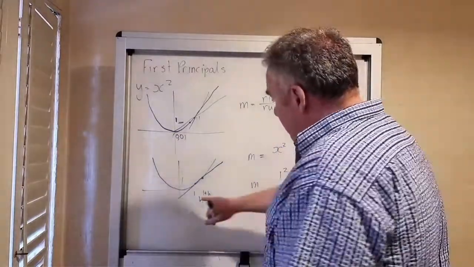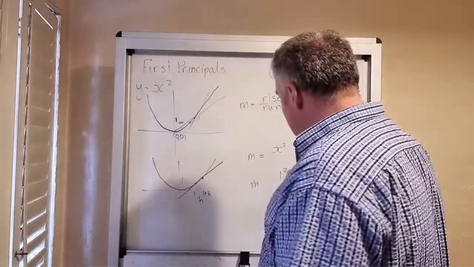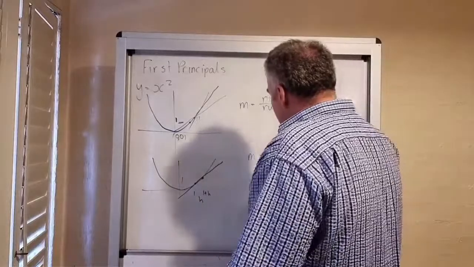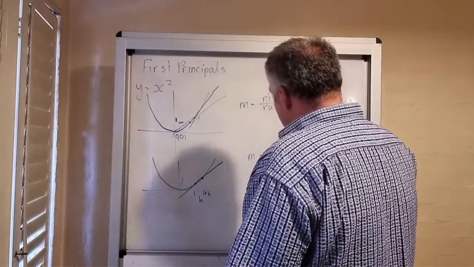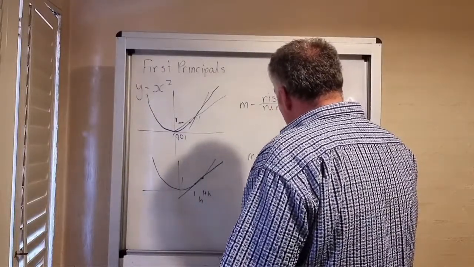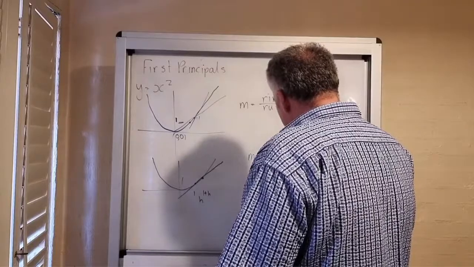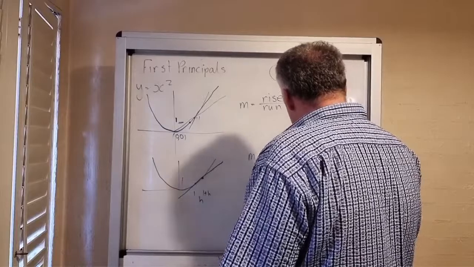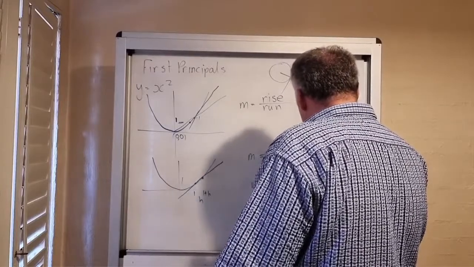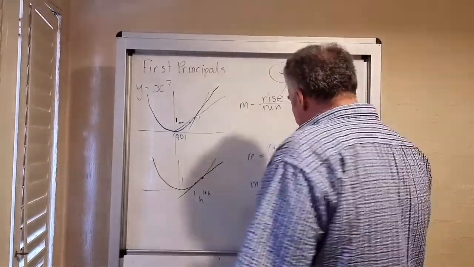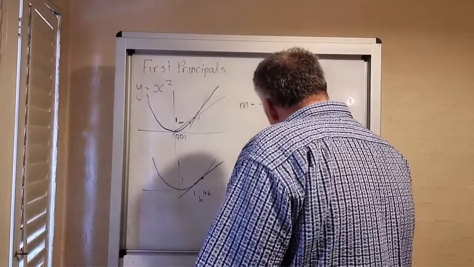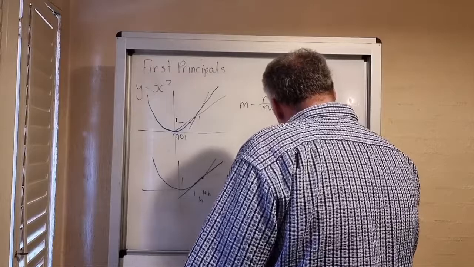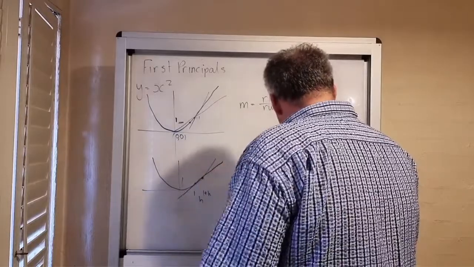So you've got your 1 point, which is x squared, or 1 squared. I'm going to move that to the other side, because you want to take that away from (x plus h) squared: (x plus h) squared minus x squared, or (1 plus h) squared minus 1 squared.